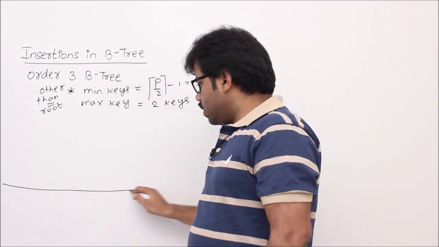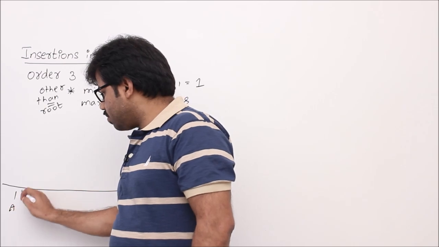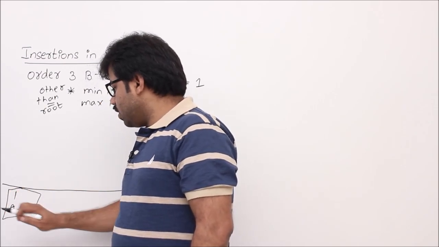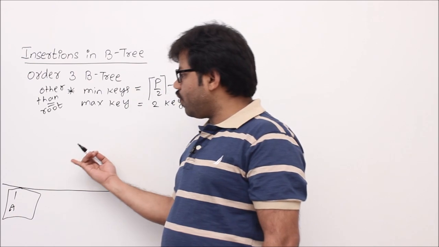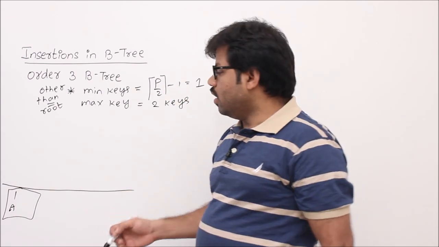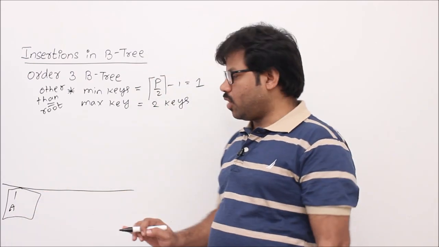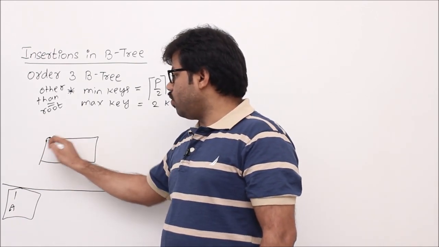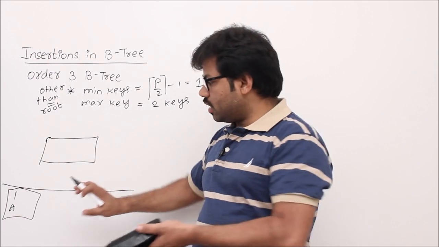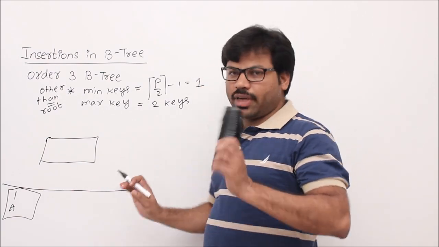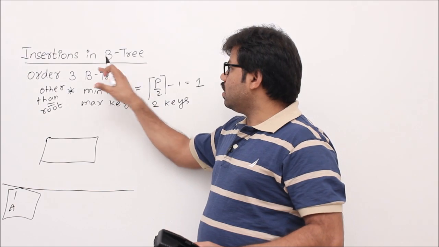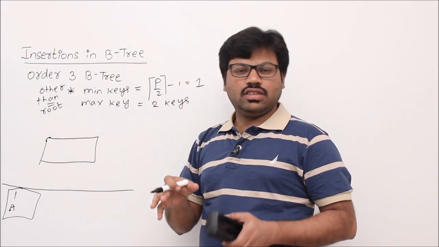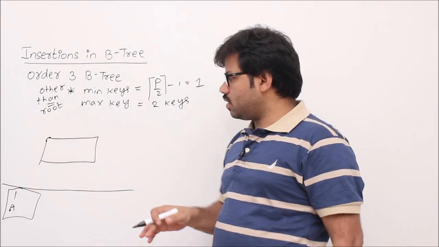Now this is your data, 1 comma a is inserted. I will show how this data will be inserted and how your tree will be adjusted. Just see the process. Already I told you that we take one logical node. First of all, forget about the space. Don't worry about the space consideration, only focus on these theoretical restrictions. Then we will come to space restrictions.